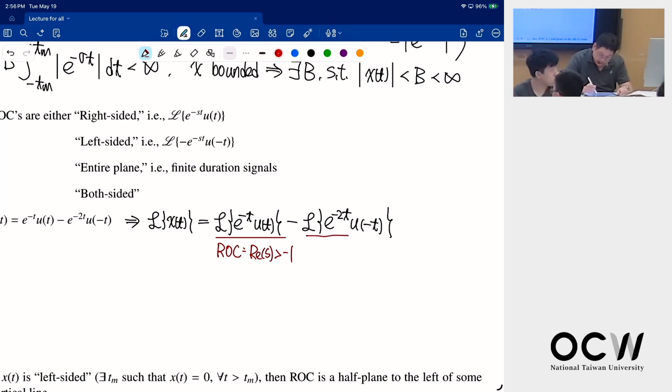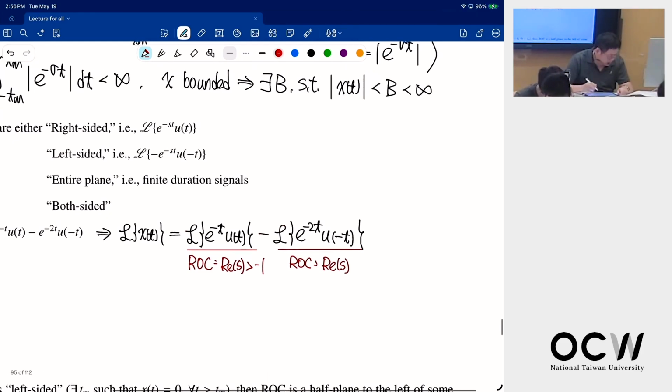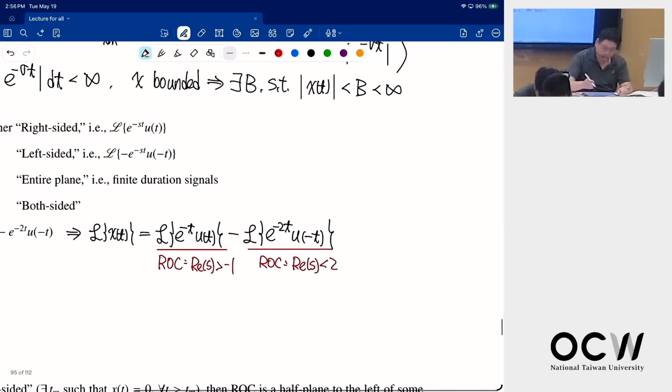For this part, region of convergence is less than 2. So the Laplace transform is 1 over s plus 1 minus 1 over s minus 2.